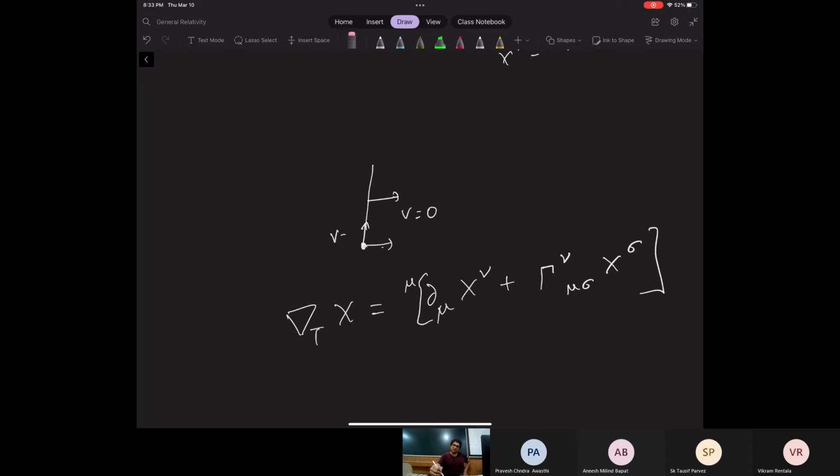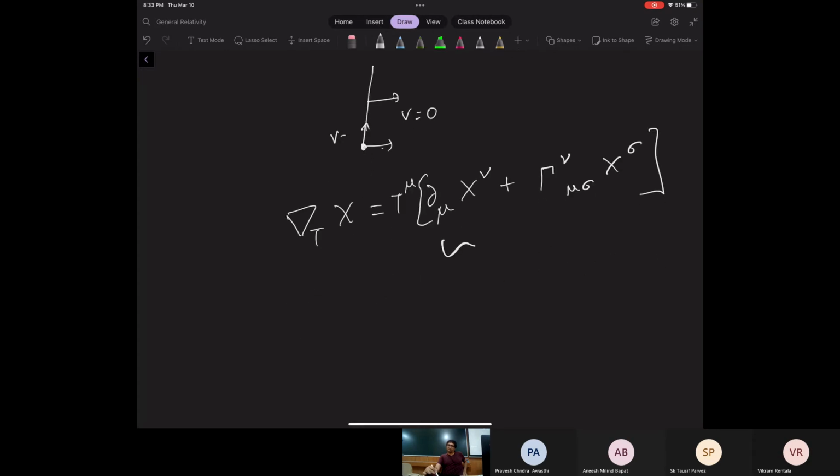Sorry, this t is the tangent vector, x is the deviation vector. Now under a definition of parallel transport, this can be 0. This combination, even if the vector x is changing under a change of coordinates, is coming from how I parallel transport x itself. So this can be 0.